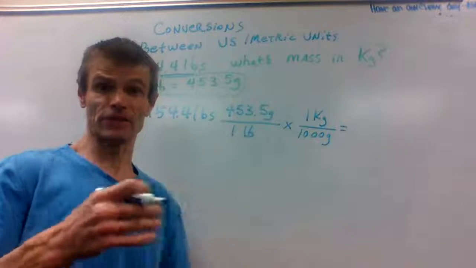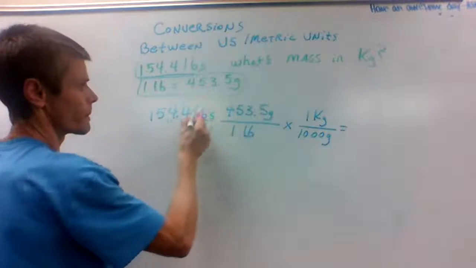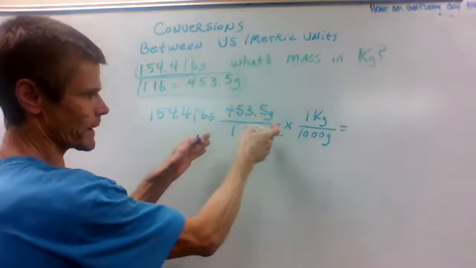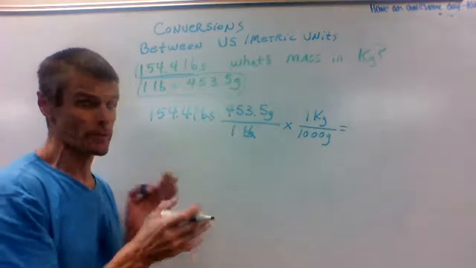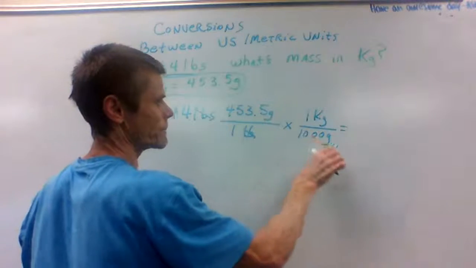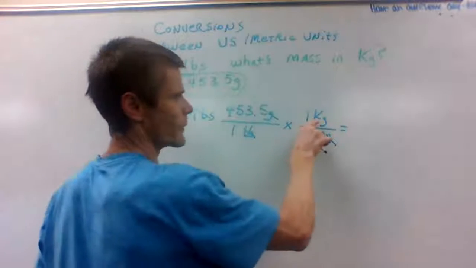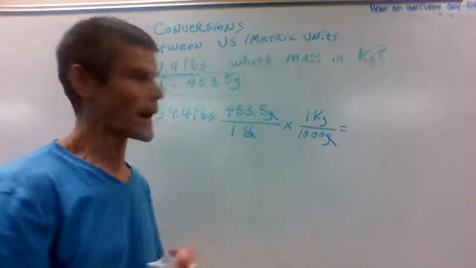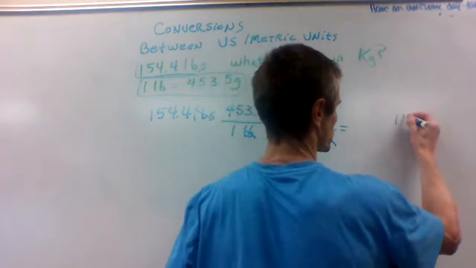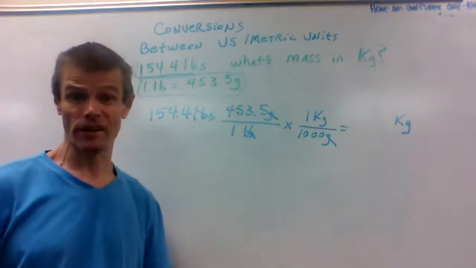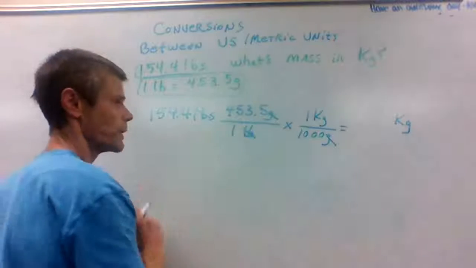First of all, canceling units out. Pounds cancel out. We get a unit of grams. That would be our intermediate answer that we did a few minutes ago. Grams, through the second conversion that we did, cancel out. Our final unit that we desire is kilograms. And now all we have to do is put our numbers in our calculator, multiply through.